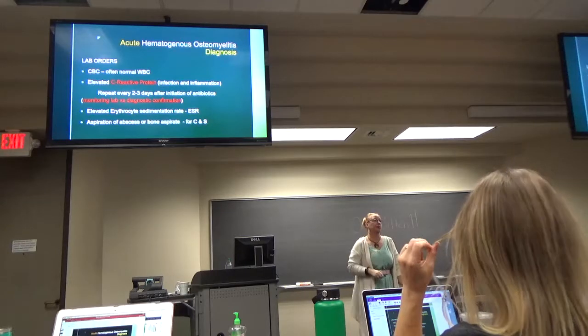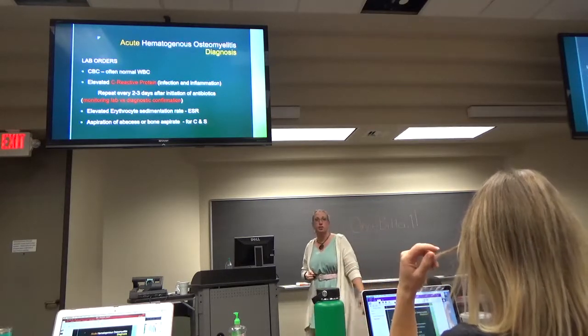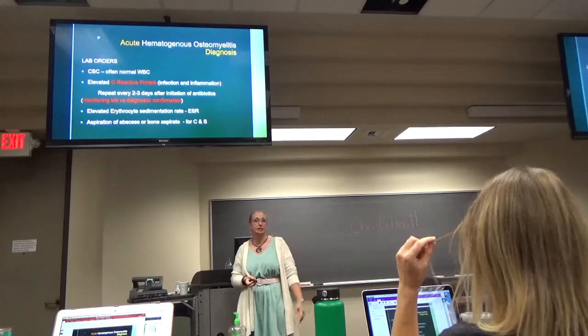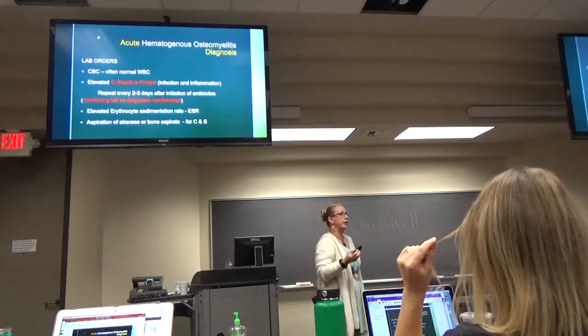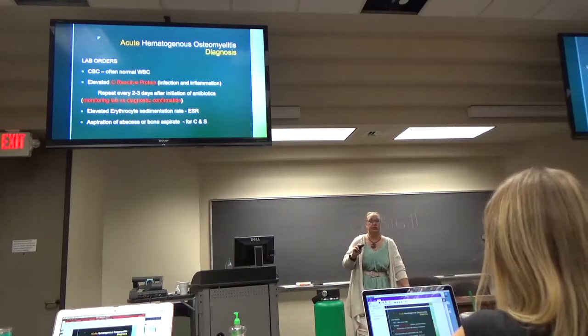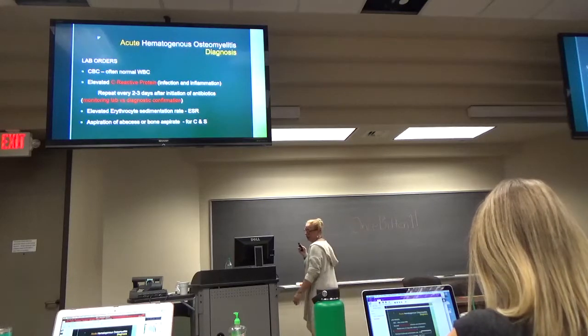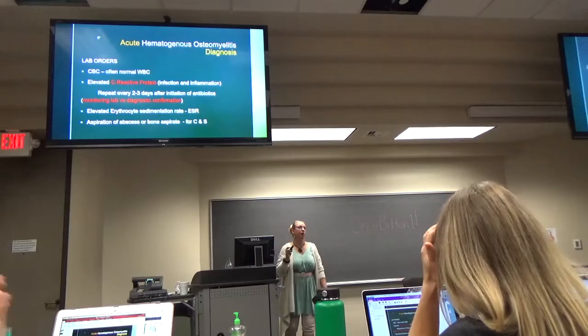So your CRP was elevated with infection and inflammation. You started them on antibiotics, it started to improve. CRP is going to start coming down. That is going to respond faster than your sed rate, and that's why sed rate is no longer used. It was used before CRP existed and was found to be a good indicator. That was what we used, but it was a poor indicator.